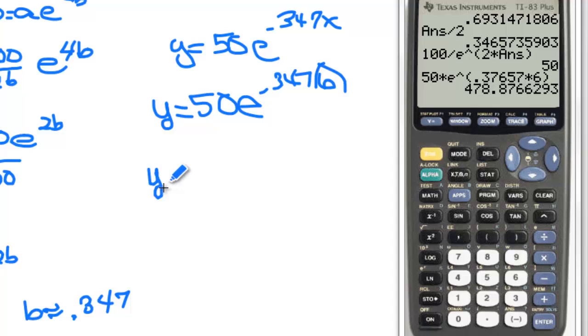And on day 6, we should have about 479 fruit flies.